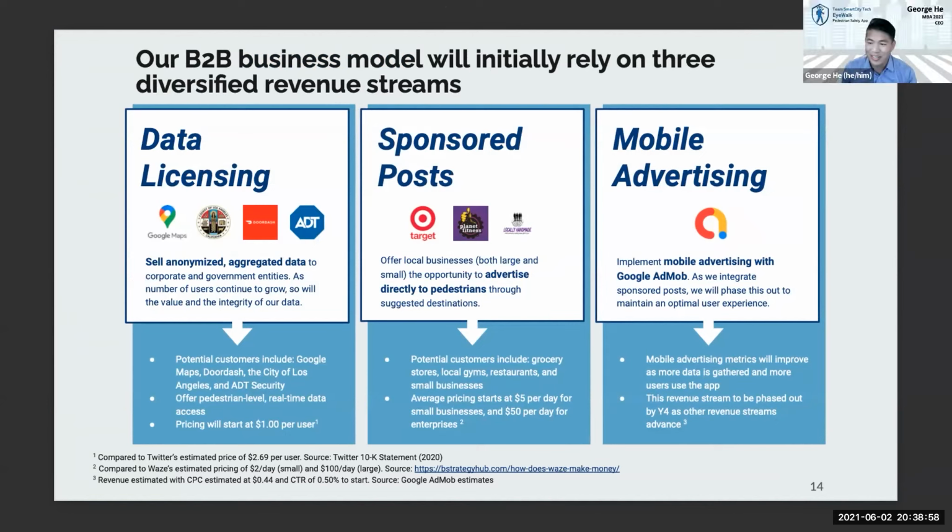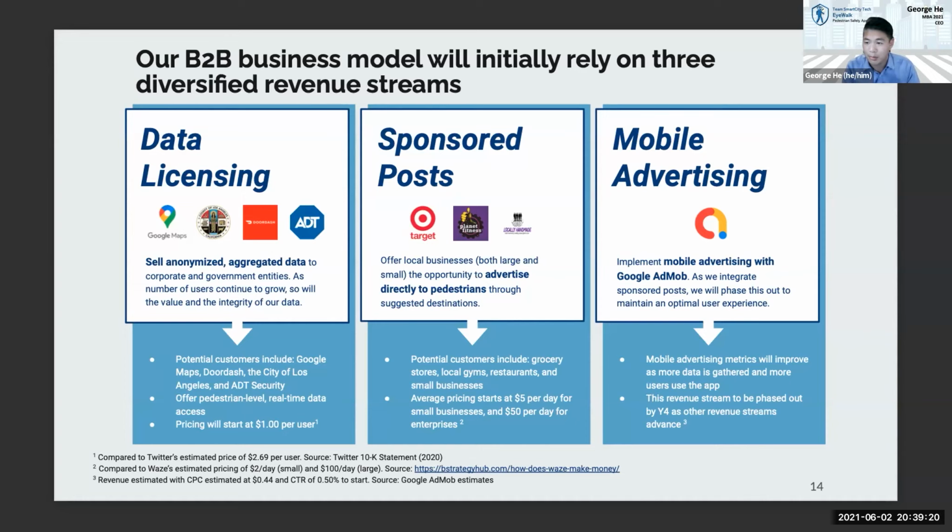Yeah, I'll tackle that one again. I love the business questions, obviously. We were actually very much thinking about the partnerships and that ecosystem idea. A lot of the logos that you see here, we've put under sponsored posts or data licensing. On the other hand, we'd be completely open to a strategic partnership with these kinds of users.